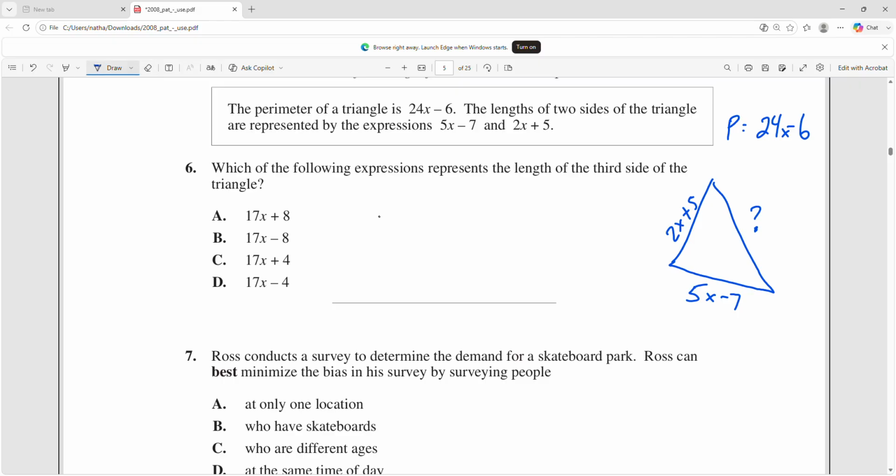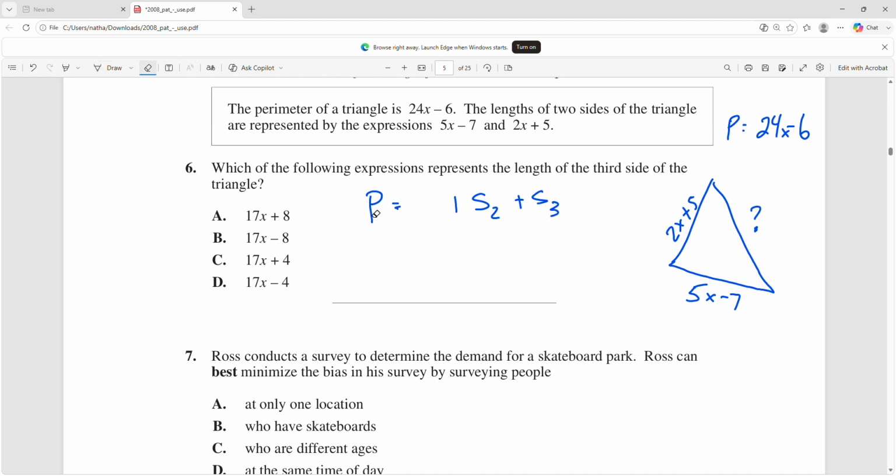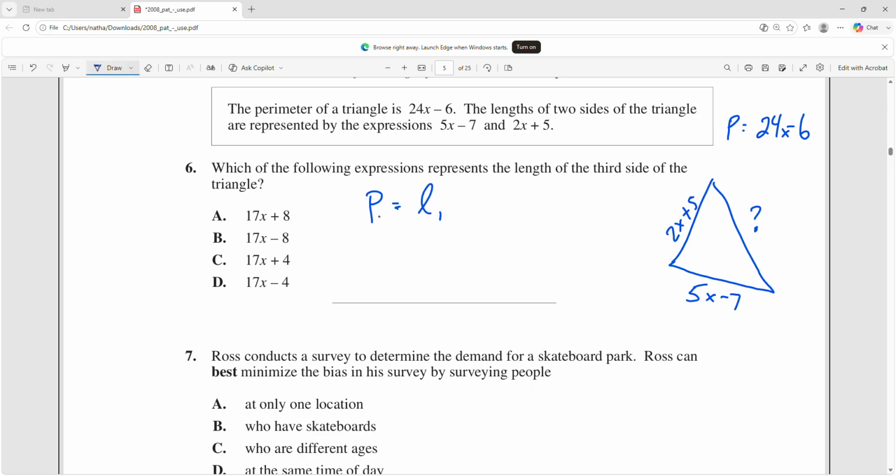So let's just think about this for a second. The perimeter of a triangle would be the length of side 1 plus the length of side 2 plus the length of side 3. Actually, maybe I'll just use an L for length, okay? So the perimeter of my triangle would be length 1 plus length 2 plus length 3.